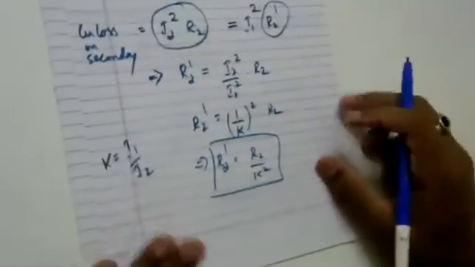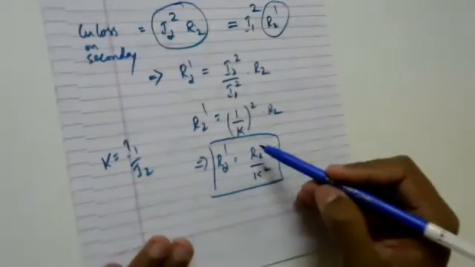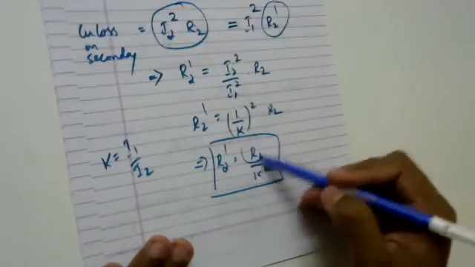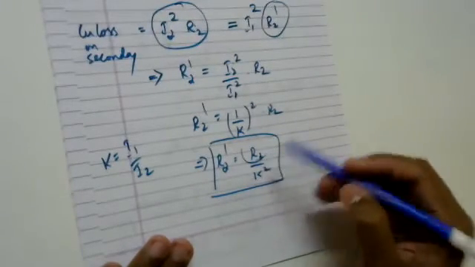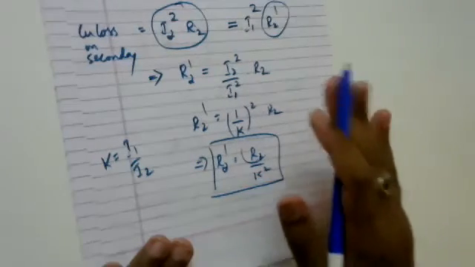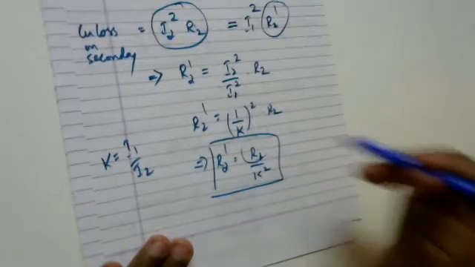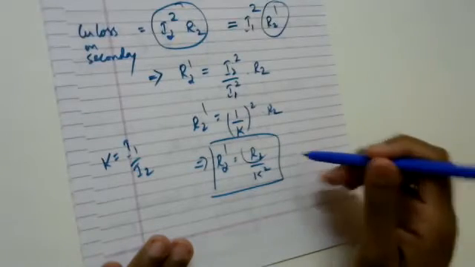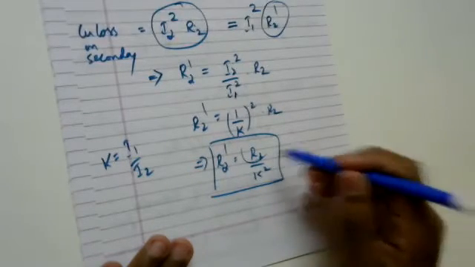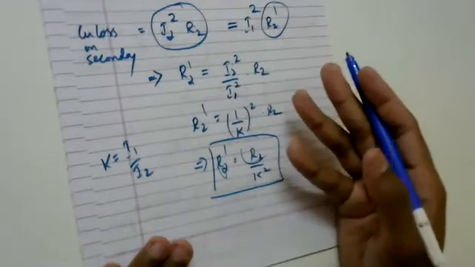One thing people need to remember here: R2 is the resistance of the secondary winding. This R2 exists in the system. Let me make my statement very clear. This R2 is physically present in the circuit as the secondary winding resistance. What is R2 dash? It's a virtual component.